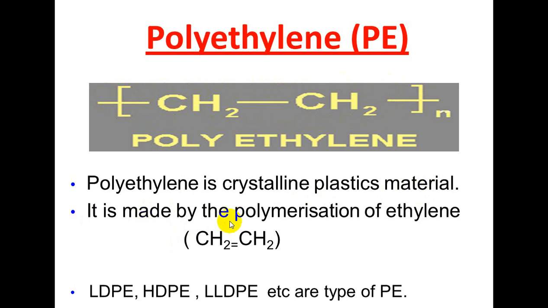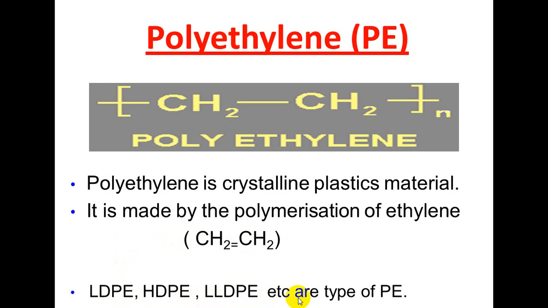It is made by polymerization of ethylene, that is the molecule of ethylene. When this unit is polymerized, one bond is broken and is free to connect with other molecules. And again, the types of polyethylene are LDPE, low density polyethylene, HDPE, high density polyethylene, LLDPE, etc.